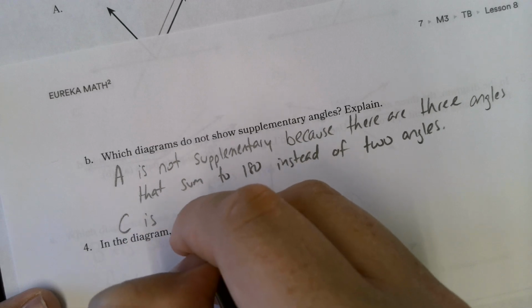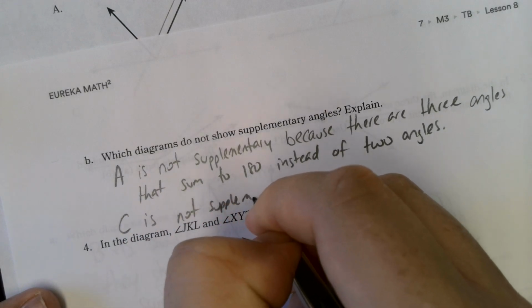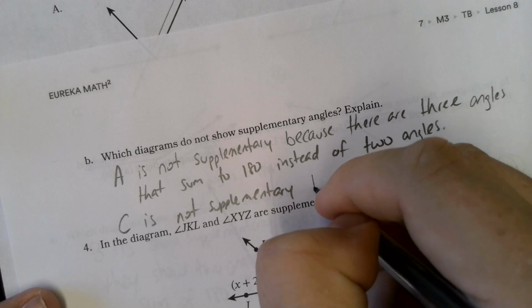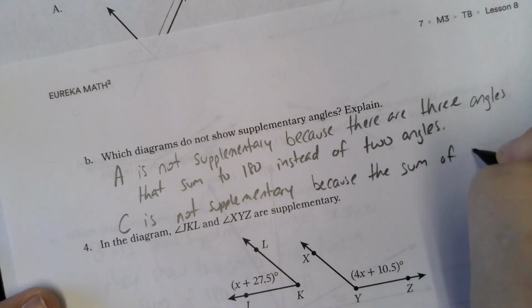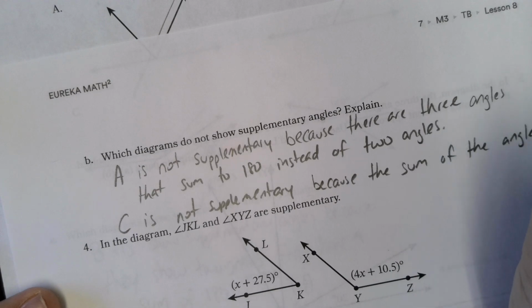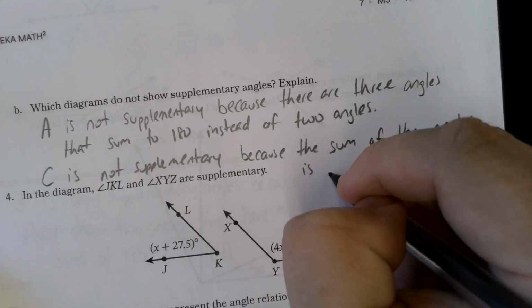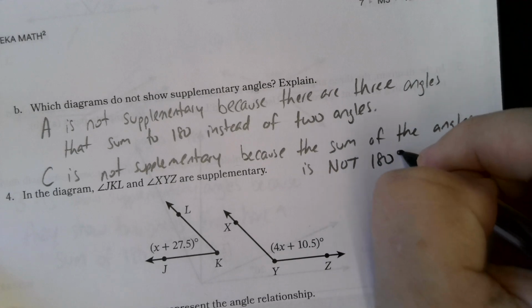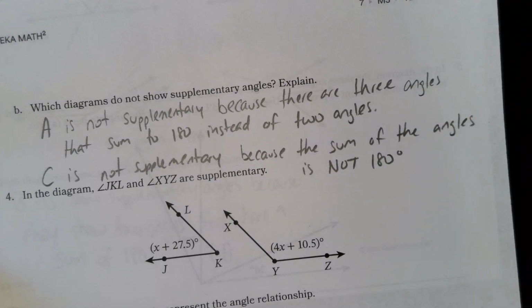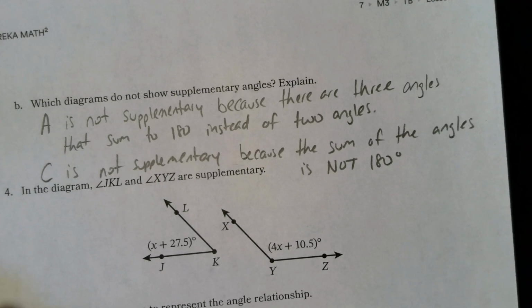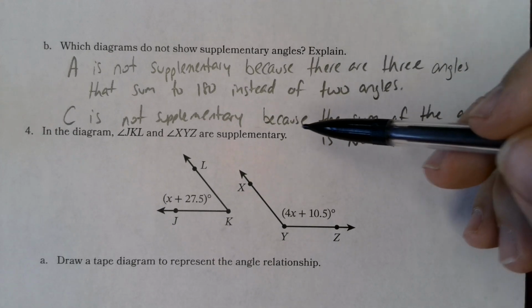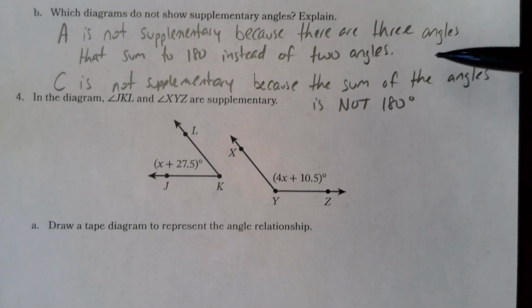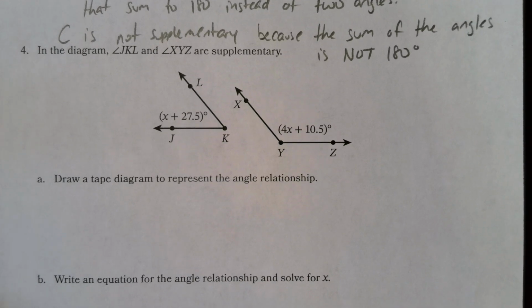C is not supplementary because the sum of the angles is not 180 degrees. A is because there's 3 angles. C is because they are not 180. And that's the simplified version there.